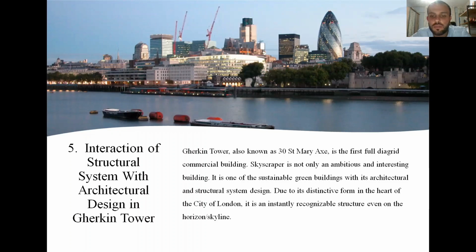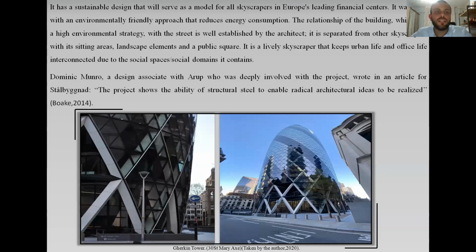Due to its distinctive form in the heart of the city of London, it is an instantly recognized structure even on the horizontal skyline. It has a sustainable design that will serve as a model for all skyscrapers in Europe's leading financial centers. It was built with an environment-friendly approach that reduces energy consumption.